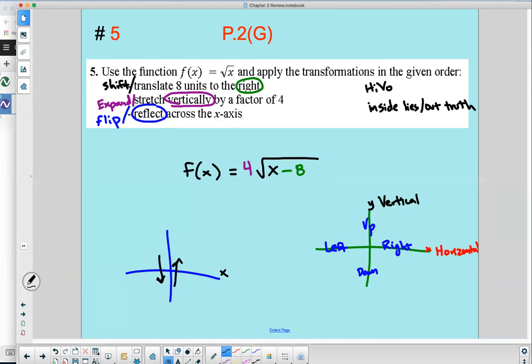Which way are my arrows moving? Vertically or horizontally? Very good. They are moving vertically. So this is a vertical reflection. Vertical, is it outside or inside? Outside. It's outside, and a vertical comes from a negative, so I just put the negative right there.